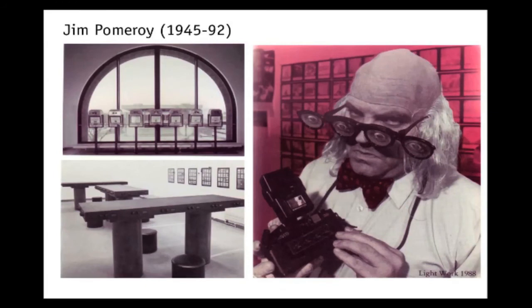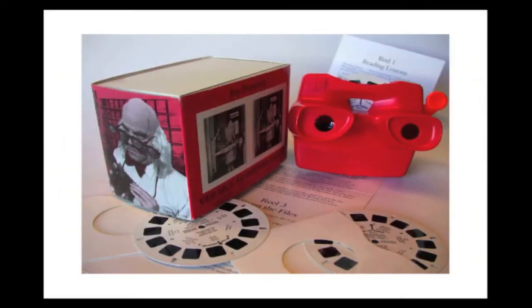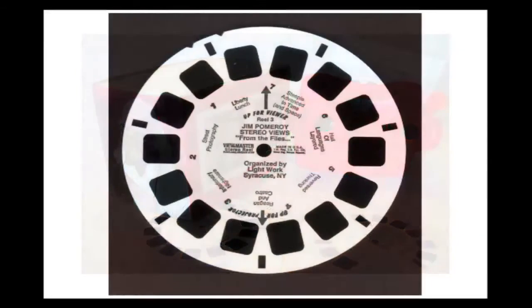Another great artist who did work with stereoscopy is Jim Pomeroy, who was from San Francisco and unfortunately died in 1992. He did many exhibitions of modified stereoscopic photographs, where he basically added elements into stereoscopic pictures and tried to change their ideological positioning.